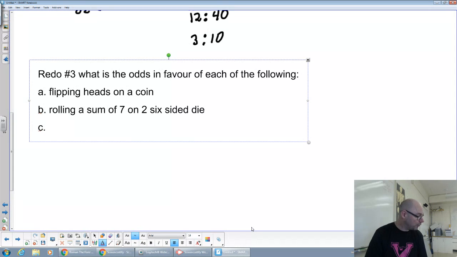And let's try a redo on card 1. Let's say drawing a heart from a deck of 52. There's 13 hearts in a deck.